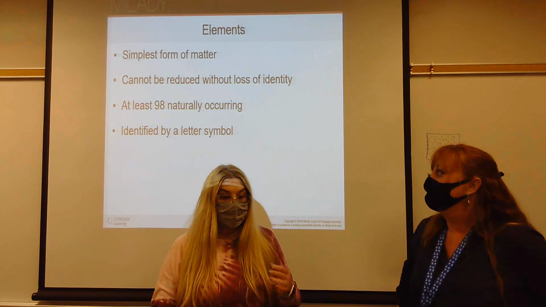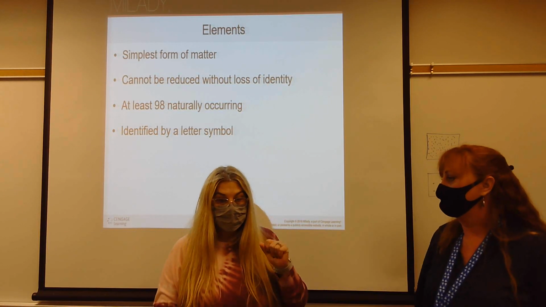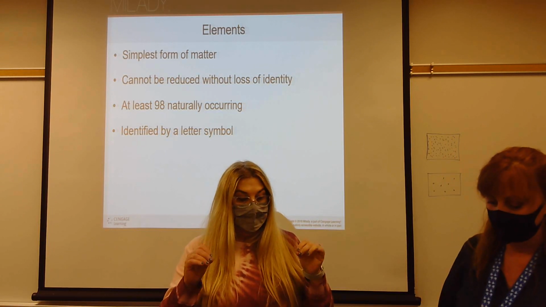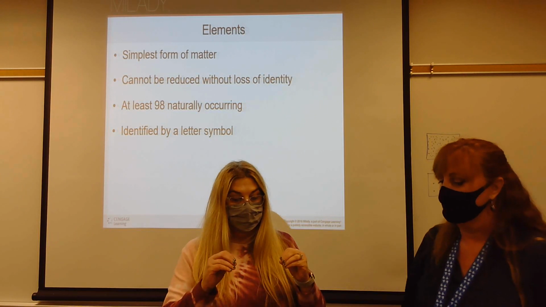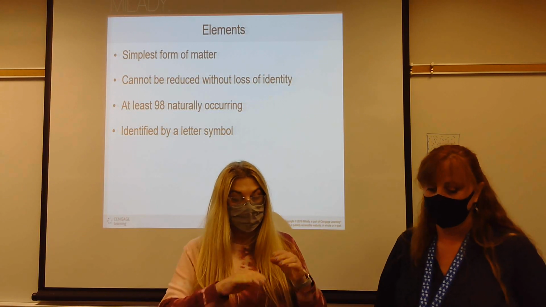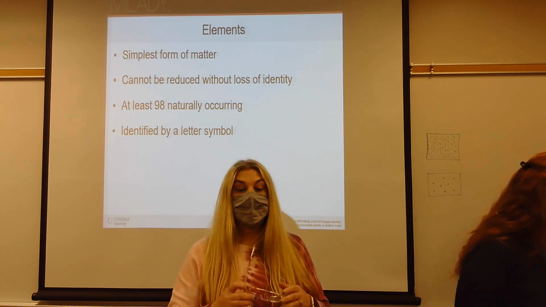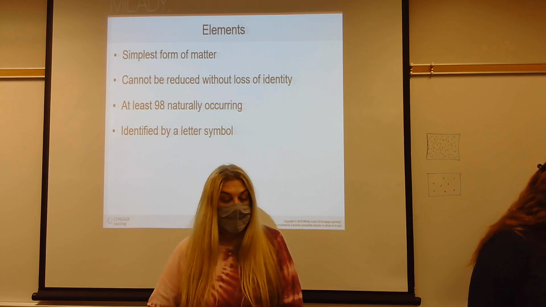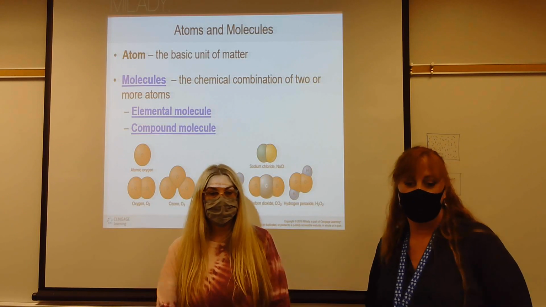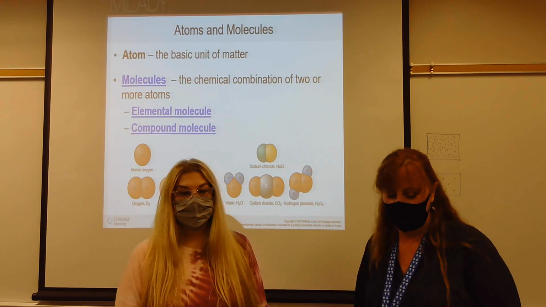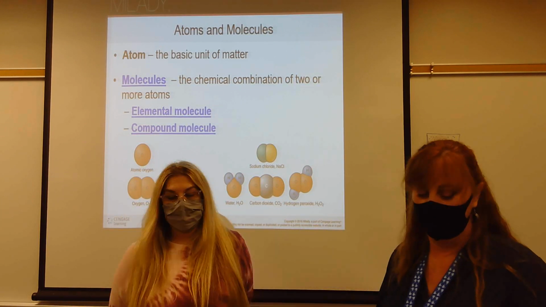An element is composed of a single part or unit. You've got to remember on your test that it cannot be reduced into a simpler substance without losing its identity. There are 98 naturally occurring elements. Y'all remember that periodic table in science class in high school? That's what we're talking about, elements.